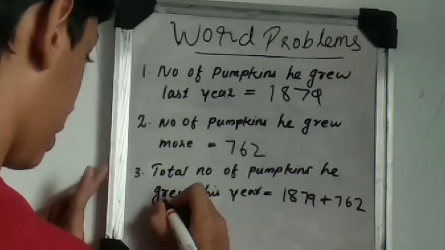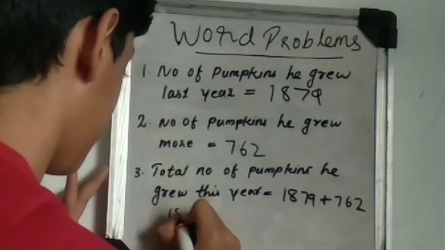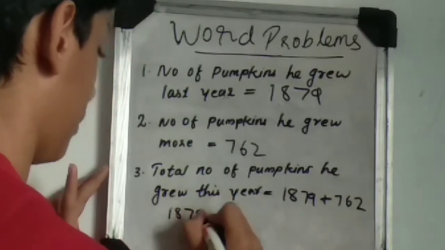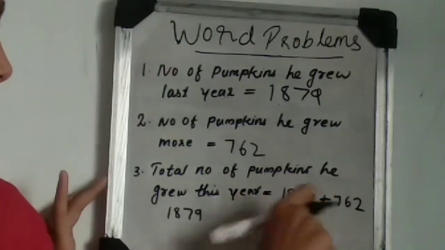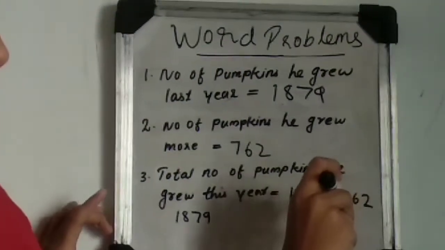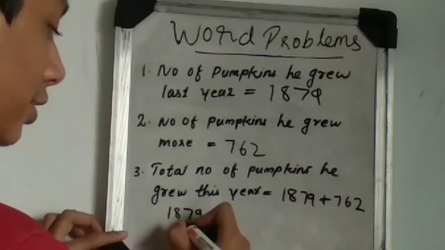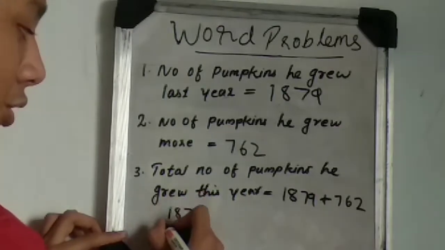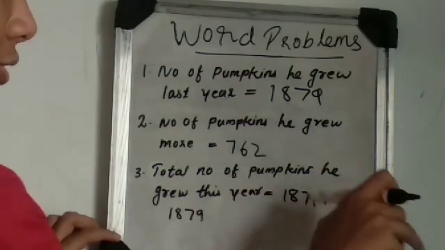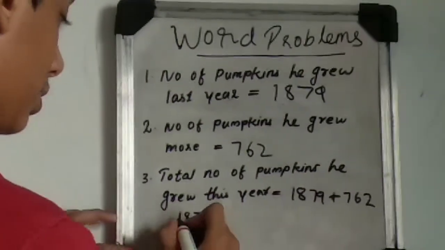We can do the addition down here. As this is a 3-digit number, we have to write only in these 3 places, not in the thousands place, because there is no number here in the thousands place.